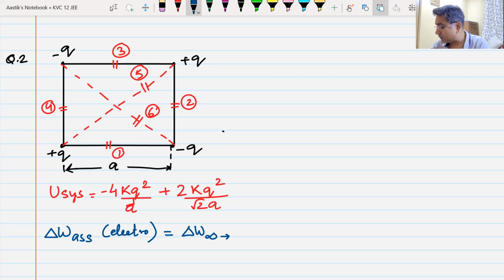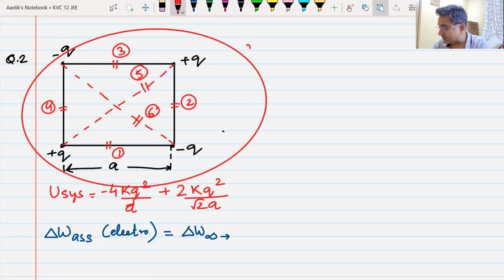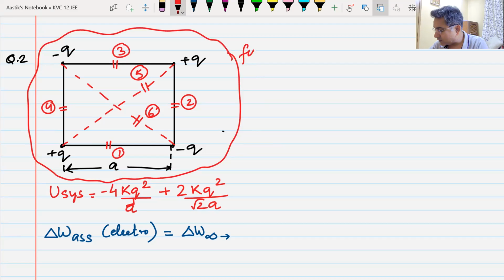If I call this the final configuration, the configuration of this system, let me call it F. So work done in moving all these charges from infinity, where they were initially, to this final configuration by the electrostatic force.